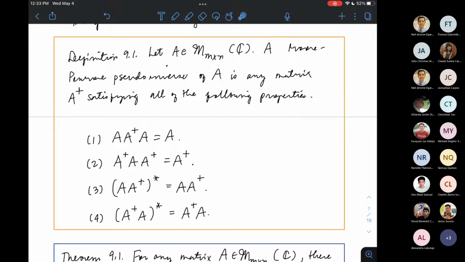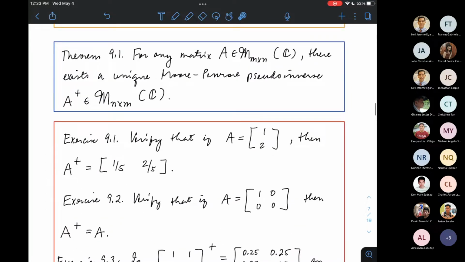Kasi unique lang pala yung matrix A plus na makakasatisfy ng lahat ng apat na ito for a specific matrix A. Ang maganda sa 9.1, it's an existence and uniqueness result. It tells us there exists a pseudo-inverse for any matrix. Kahit zero matrix pa yan, kahit rectangular pa yung matrix na yan, laging meron yung pseudo-inverse. Tapos yung pseudo-inverse na yon ay unique.